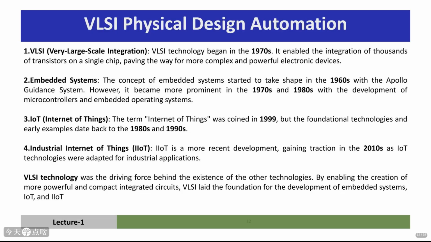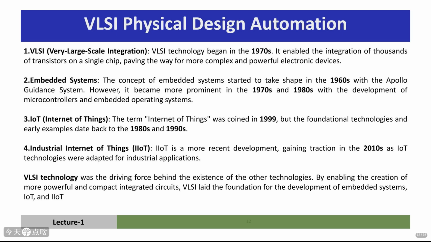The Internet of Things, connecting billions of devices, depends on low-cost, high-performance chips designed using automation. And the Industrial Internet of Things, optimizing factories and supply chains, also relies heavily on sophisticated VLSI design. Essentially, VLSI is the foundation, and physical design automation is the sophisticated machinery that builds upon it, enabling the digital age we live in.